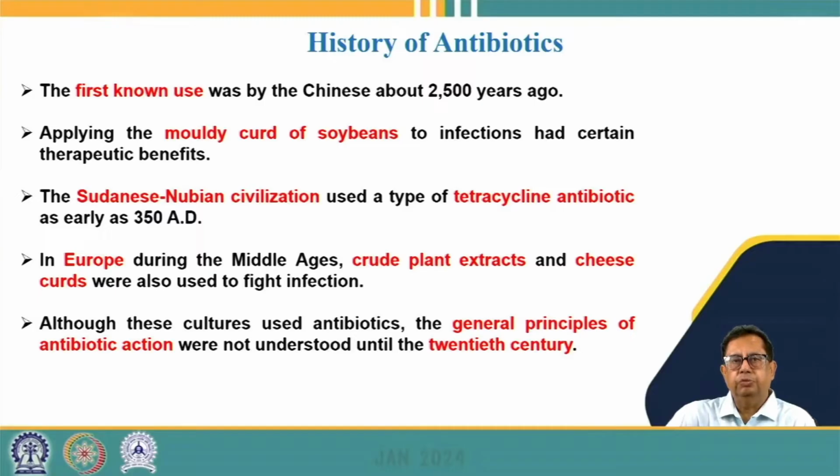Similarly, the Sudanese Nubian civilization also used a type of tetracycline antibiotic as early as 350 AD. Whereas in Europe, near the Middle Ages, crude plant extracts and cheese curds were also used for fighting infections. Although these cultures were using antibiotics, the general principles of antibiotic action were not understood until the 20th century.